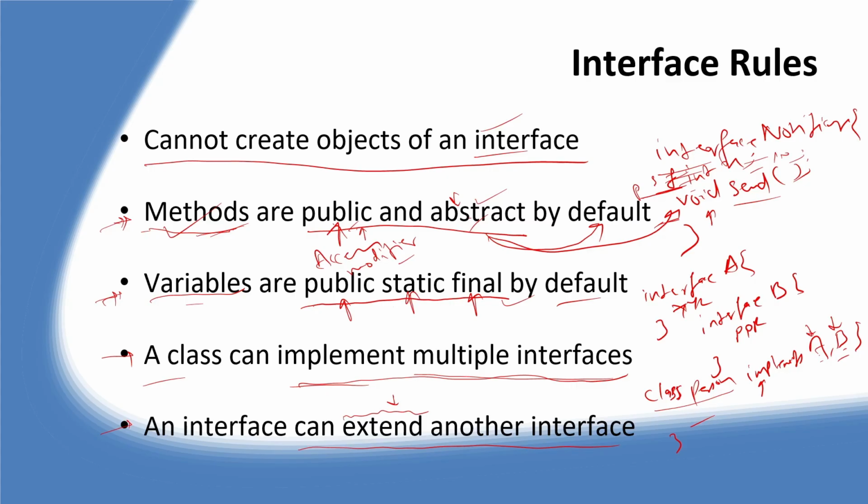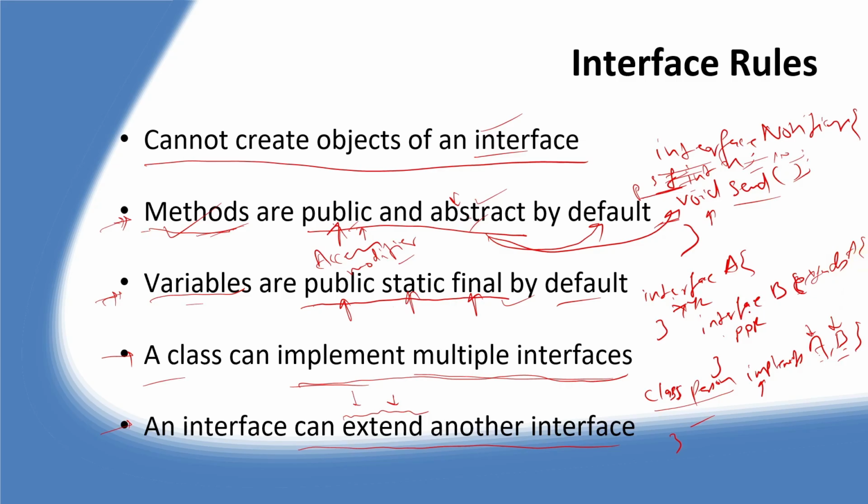Whatever properties and behavior are present in the parent class can be automatically accessed by the child class. So the parent-child relationship is shown by the extends keyword. Similarly, we can use it for interfaces. Let's say we have two interfaces, interface A and interface B. Here also we can say interface B extends A.